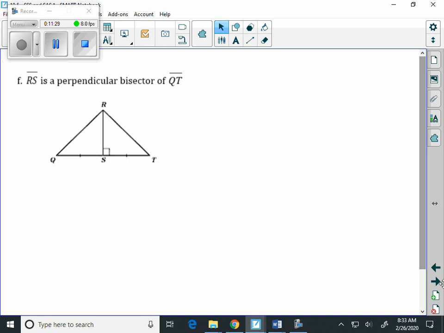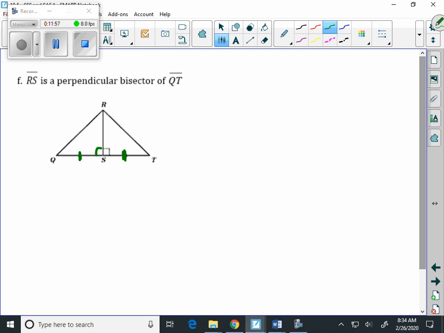Remember that bisector means that this length and this length are going to be the same. It bisects, cuts it in half equally. The perpendicular part gives us that angle RST is a right angle, but angle RSQ is also a right angle. Perpendicular means that it hits at 90 degrees.